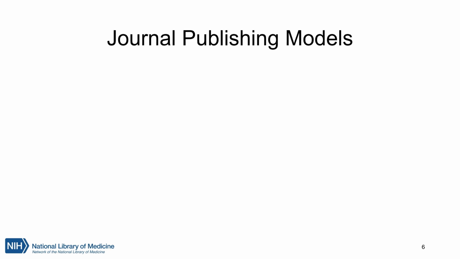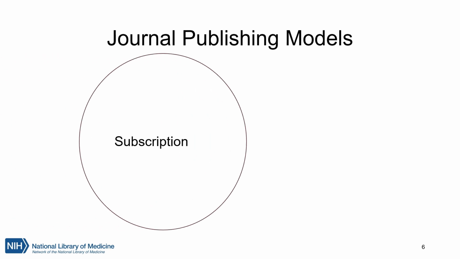In addition to an increase in the volume of publishing, journal publishing models have evolved over the last 2 decades. We'll touch on 3 of those today. First, the traditional subscription model, where the reader or a library pays a fee to access contents of a journal, is still quite common but is decreasing in dominance.